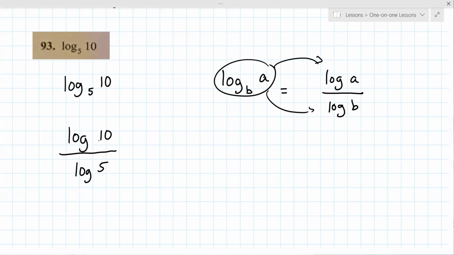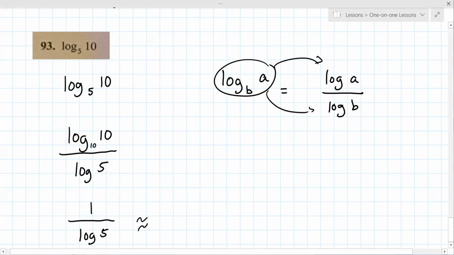It's kind of not, but log base 10 of 10, the numerator, is actually 1. So it becomes 1 over log base 10 of 5, or 1 over log 5. For whatever reason, the book just puts the number in the calculator. Depending on the calculator, you can sometimes put this in directly, but you can always put in this step right here and get something out of it.